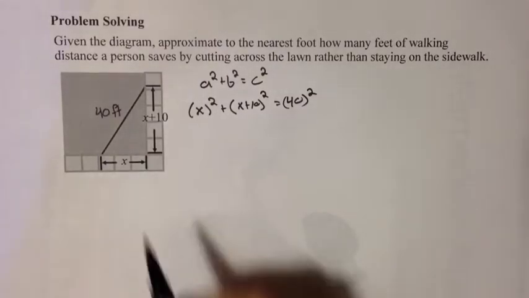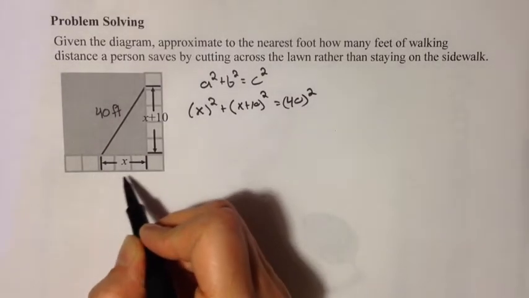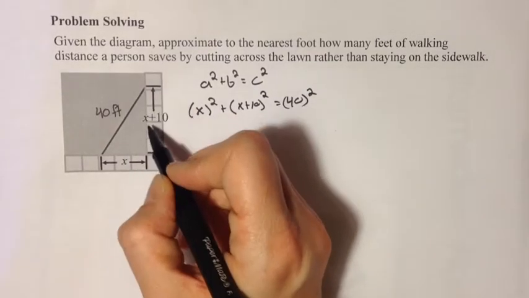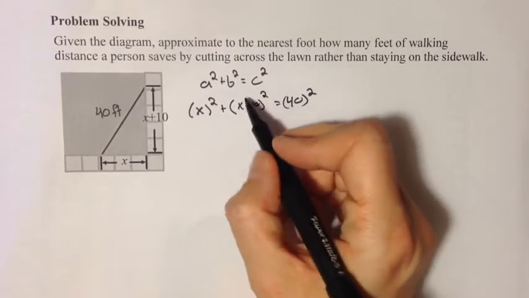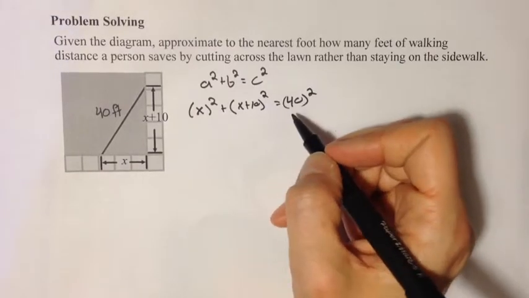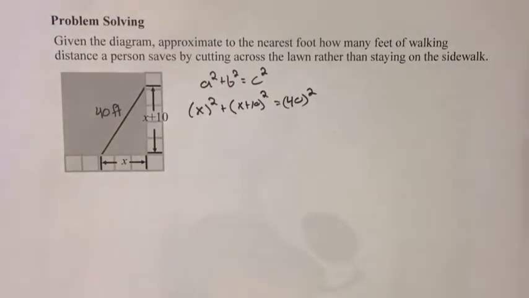Notice that I took one of the short sides, x, and plugged it in for a. Then I took the other short side, x plus 10, and plugged it in for b. Now I have (x plus 10) squared, and then that needs to equal the hypotenuse squared. The hypotenuse was 40. Now, this is a quadratic equation, and we can solve it using any of our methods.